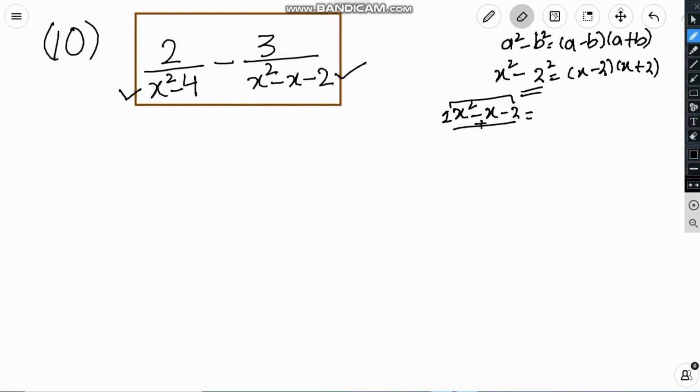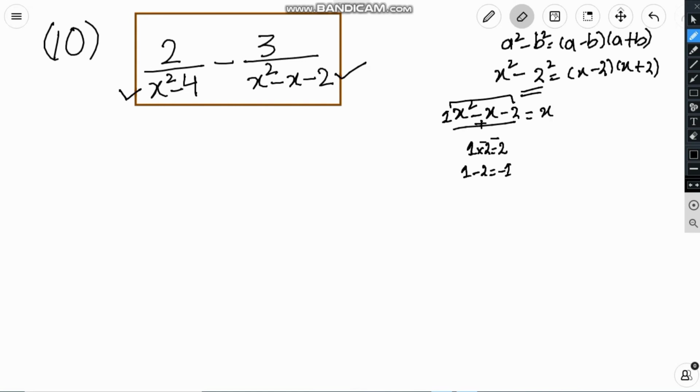Just have a look: 1 multiplied by 2 gives you 2, and 1 minus 2 gives you minus 1. You can say 1 multiplied by minus 2 gives you minus 2 and 1 minus 2 gives you minus 1. So the requirement is fulfilled.